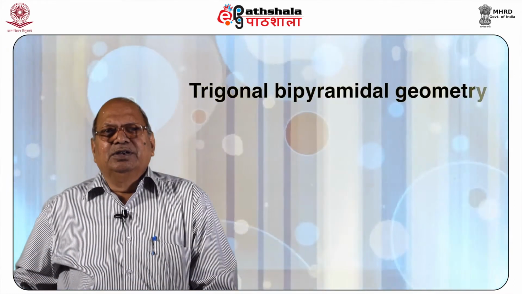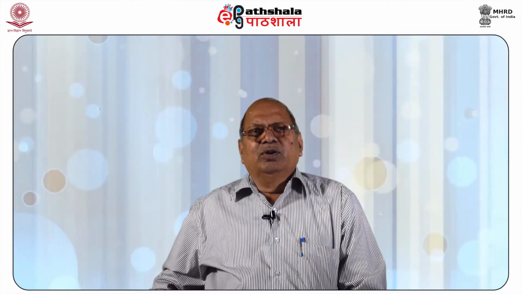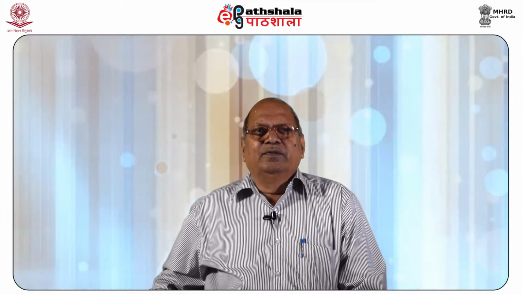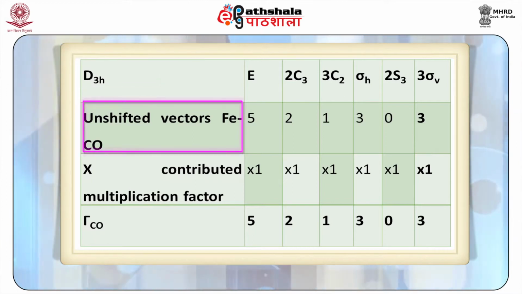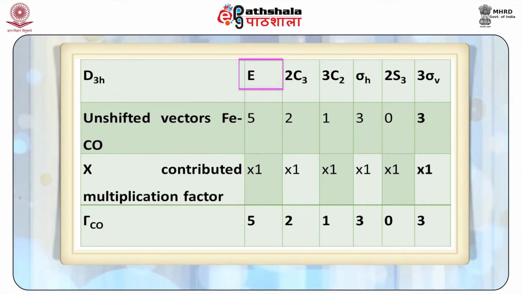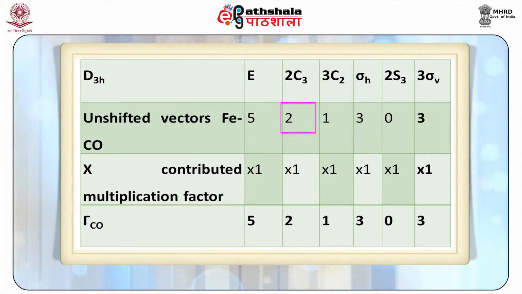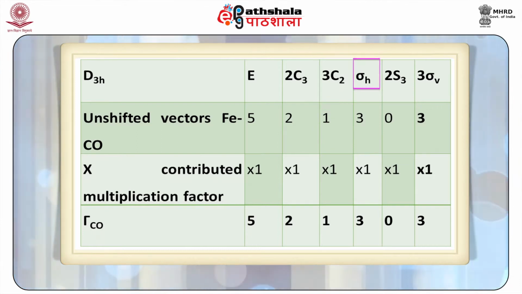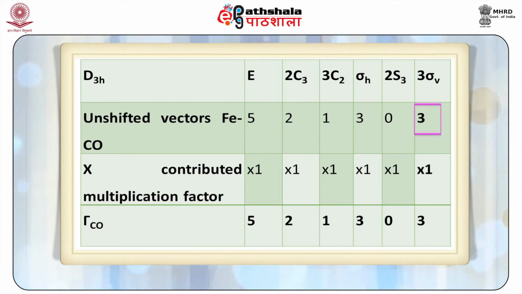Now let us take the trigonal bipyramid geometry, D3h. We can obtain the vibrational modes again by using 5 CO bond vectors and the character table of the D3h point group. Unshifted vectors: for E it is 5, for 2C3 it is 2, that is both the axial Fe-CO, for 3C2 it is 1, sigma h it is 3, 2S3 is 0, 3 sigma v is 3.